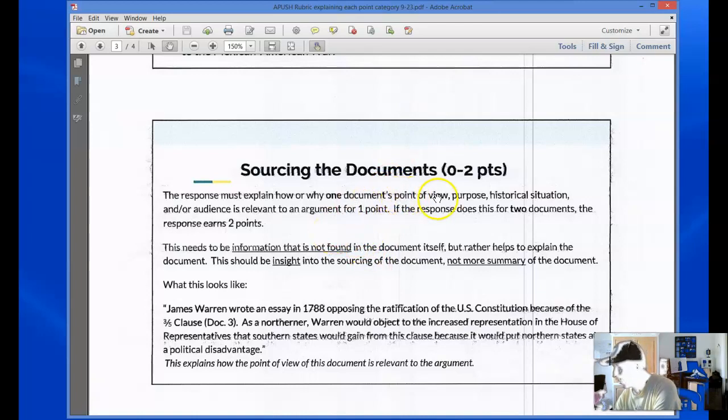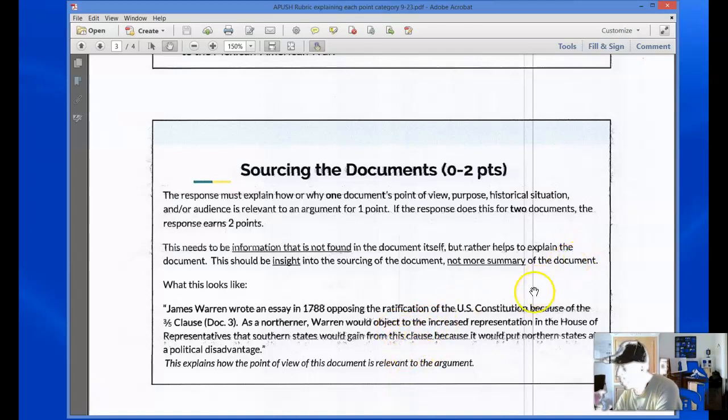Then you got to write that point of view. Remember when we talked about the document? What was the point of the document? Okay, so you would write that in there too. James Gorman wrote an essay in 1788 opposing the ratification of the U.S. Constitution because of the 3/5 clause. Document 3, okay, and it goes on to explain why somebody would want to move, possibly based off of some political stuff that went on.